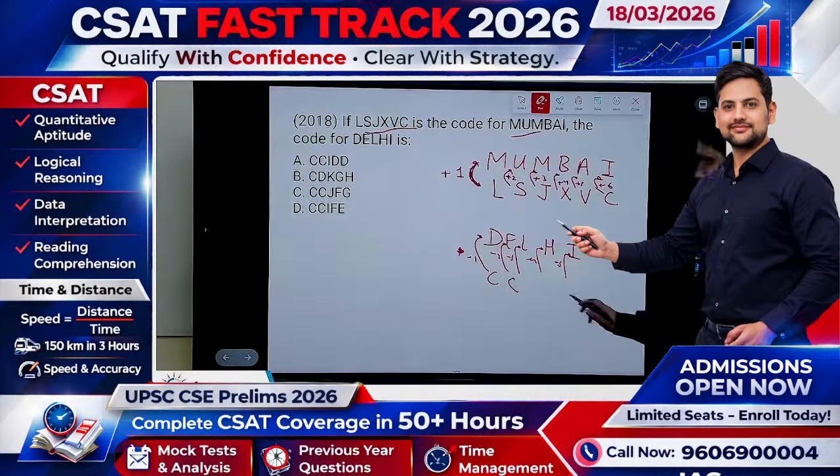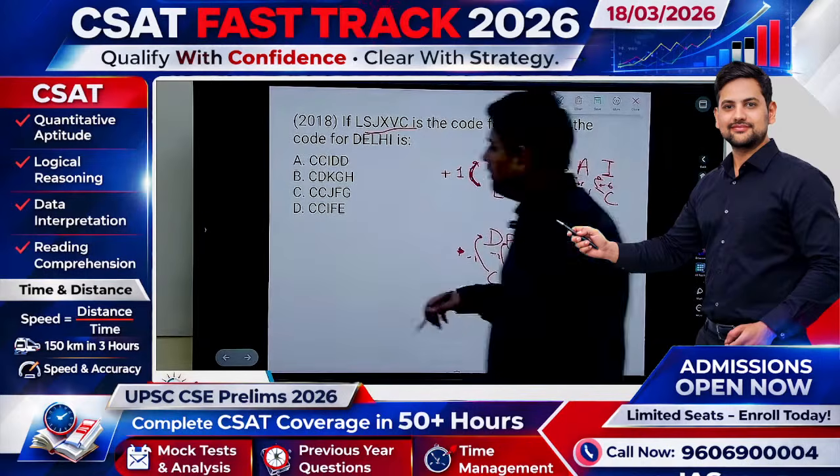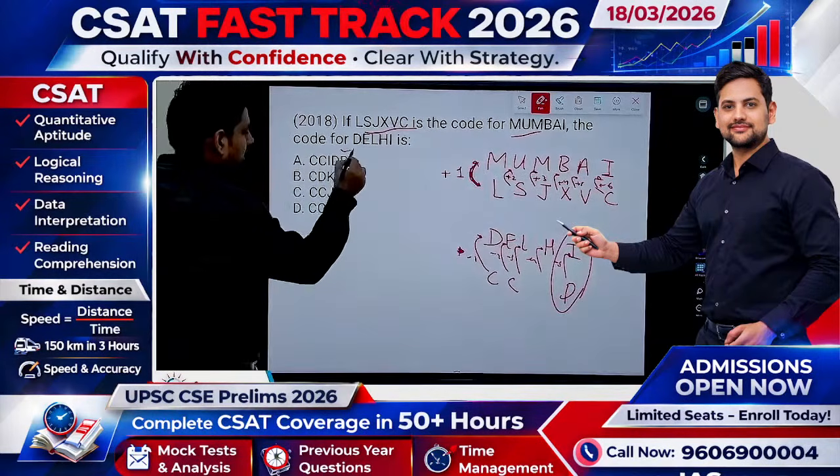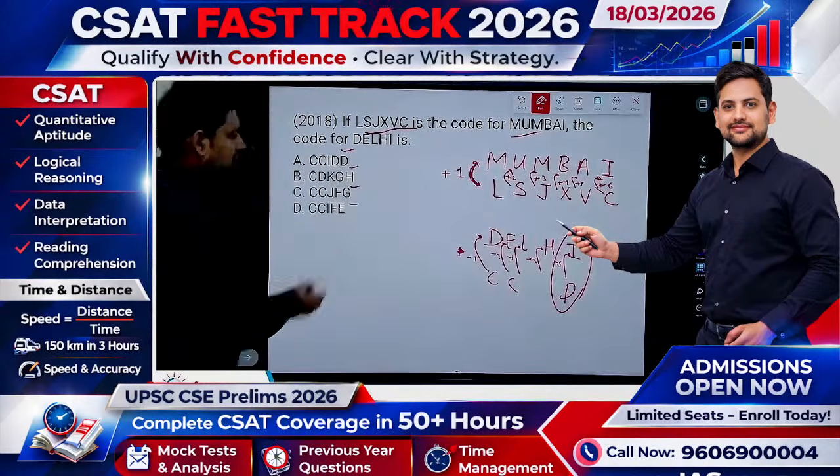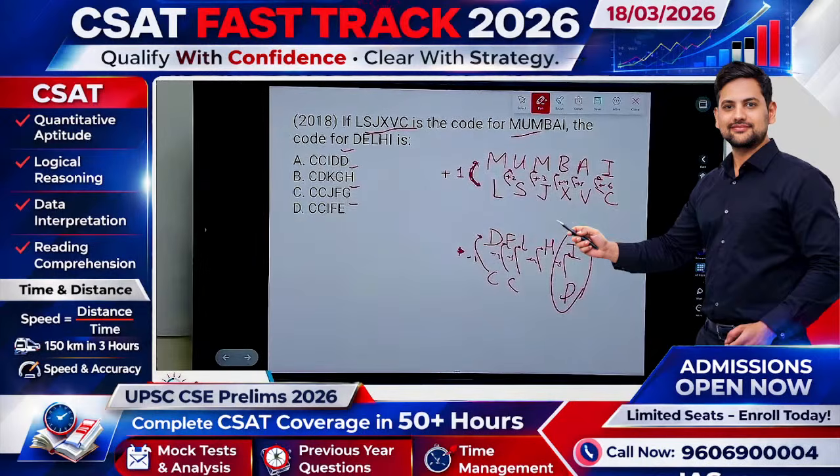What will it be? It will be D. Correct? So I minus 5 is D. Now you see here what is written: D, H, G, E. Correct? Answer would be this. Understood?